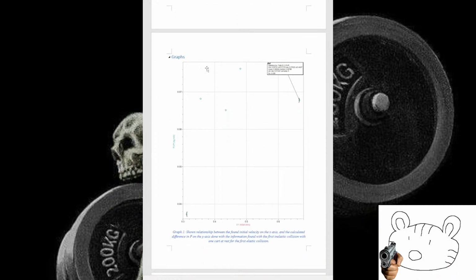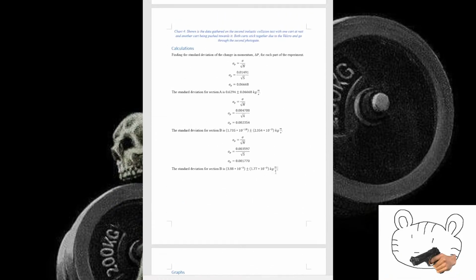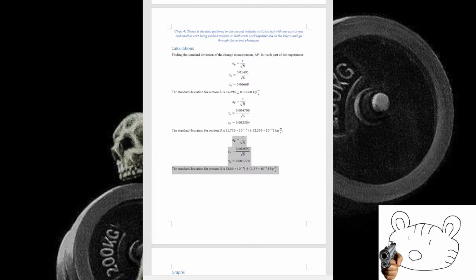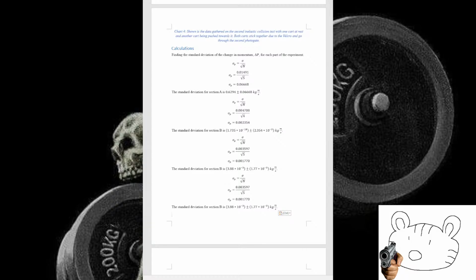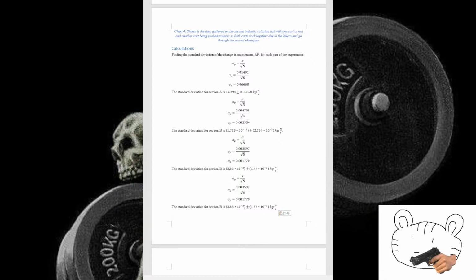So if you have a bunch of things all over the place, then your range is gonna be pretty big in comparison to your data. Just a little tip, in case you need it.